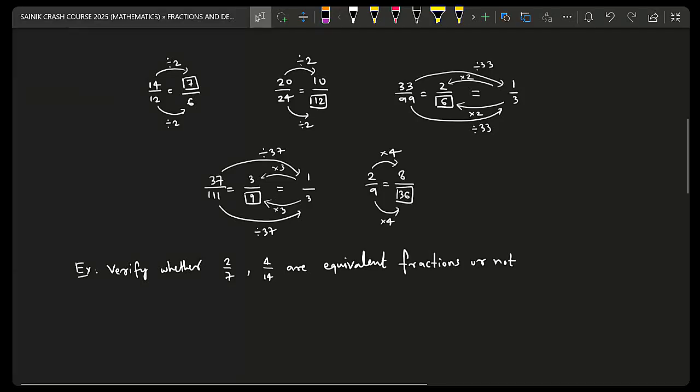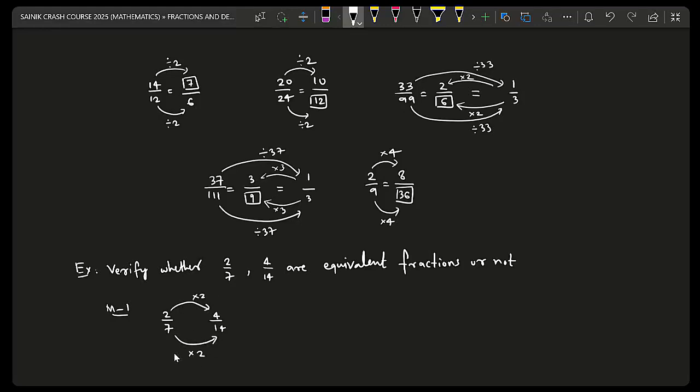Sir, 2 into 2. Okay, so you can check that is method number one, the normal method that we did. So 2 by 7 and 4 by 14. Srivastava multiplied 2 by 2 and got 4, and multiplied 7 by 2 and got 14. So he's saying that they are equivalent fractions.